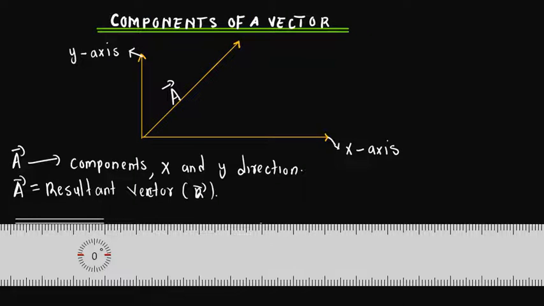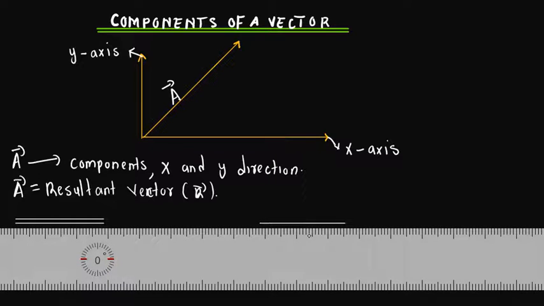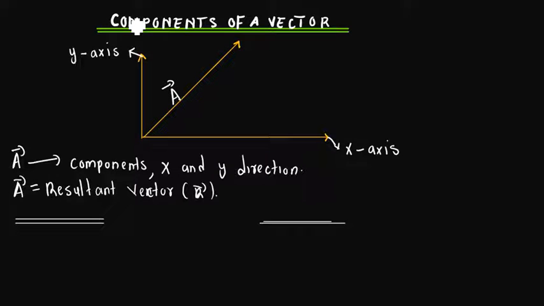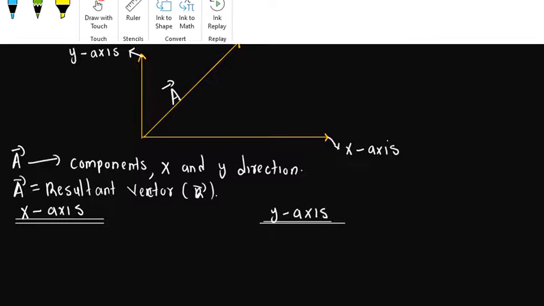Let me do this so that this one becomes the y component. All right, so now look at this. We can say that this is going to be the x-axis. This is going to be the y-axis.